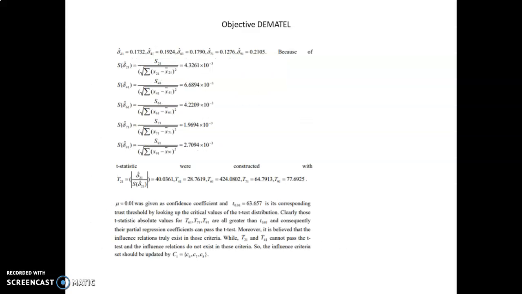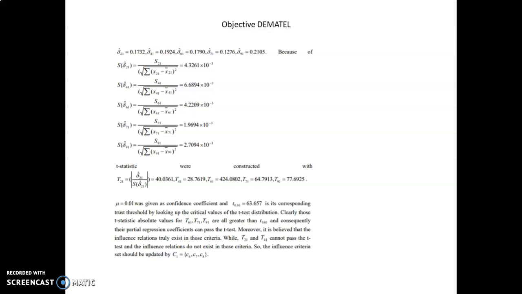Objective DEMATEL: determine the partial regression coefficient between criteria in the path analysis set, and these are their results. Then construct the t-statistic to test the result. Use confidence coefficient mu 0.01, t 0.01 is 63.657.